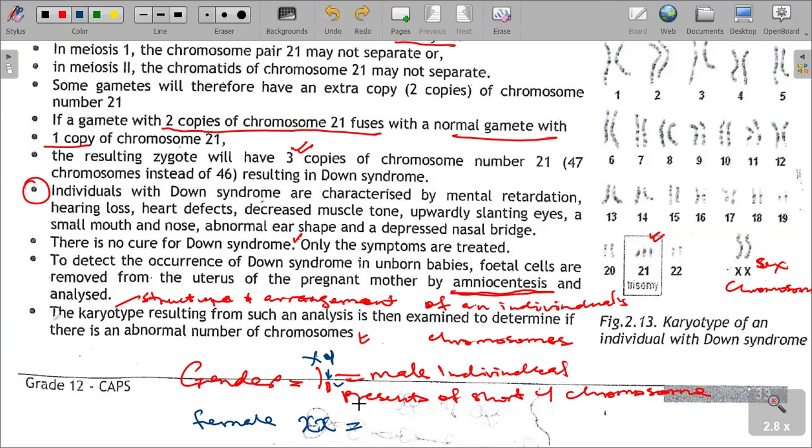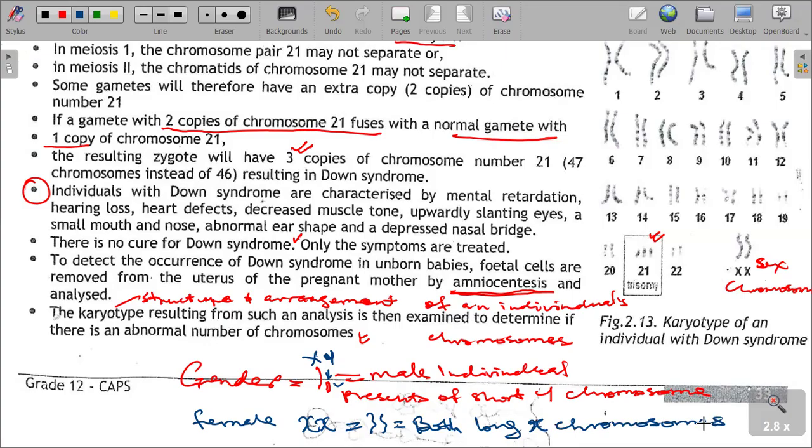Both of them are long like that, representing a female, because we have both long X chromosomes.